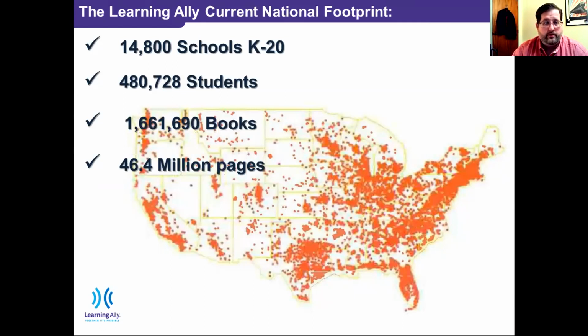And between the ones picked by the students and assigned by teachers, 1.61 million books are out there right now. And as of last night at midnight, because I checked the numbers this morning, they've read 46.4 million pages so far this year, and they're on track to do quite a bit more before the end of the school year.